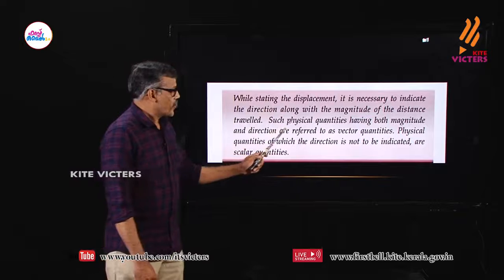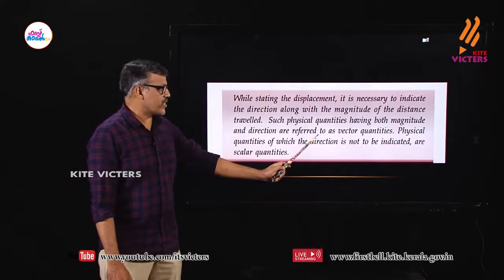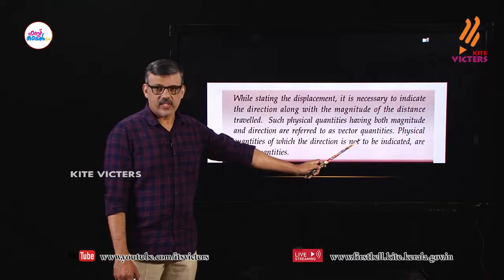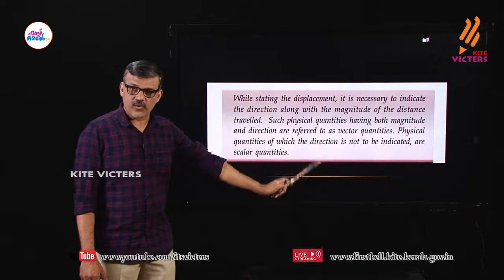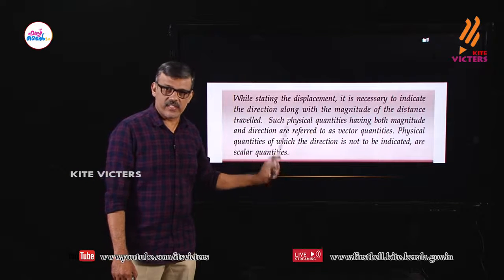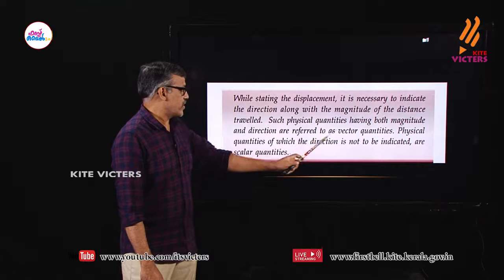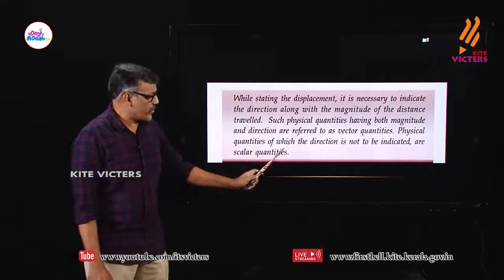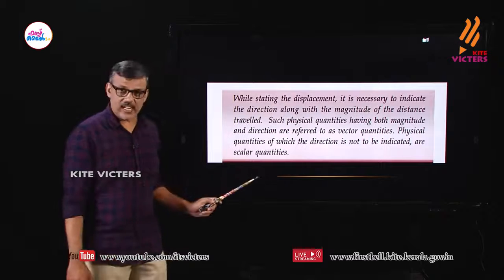Physical quantities having both magnitude and direction are referred to as vector quantities. For displacement, both magnitude and direction are there. So, displacement is a vector quantity, and physical quantities of which the direction is not to be indicated are scalar quantities.